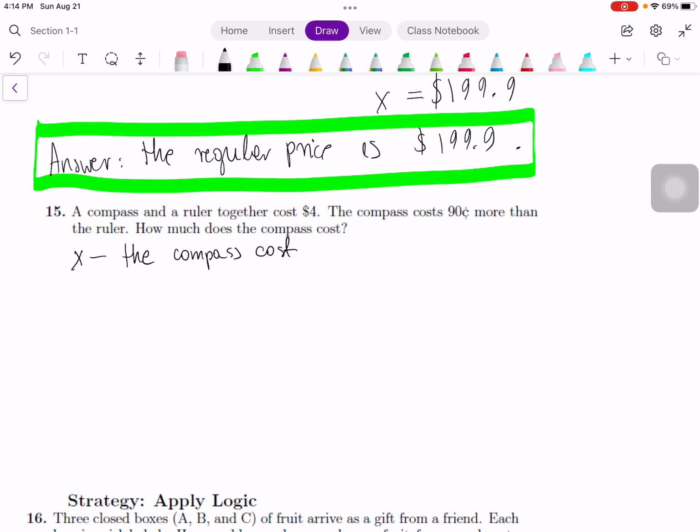Rephrasing it, the ruler costs 90 cents less than the compass. Compass costs more, ruler less. So x minus 90 cents, which is x minus 0.90 if we're doing it in dollars, is going to be the ruler's price.